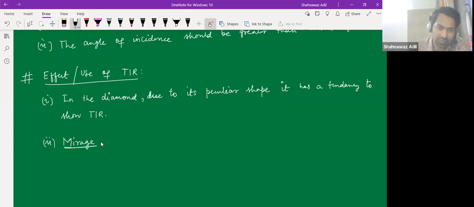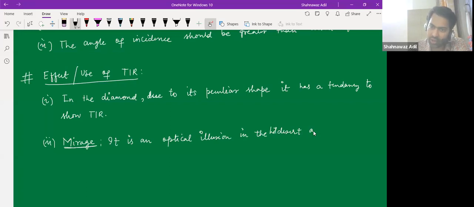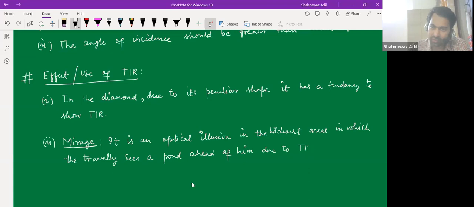So this mirage is an optical illusion in hot desert areas, in which the traveler sees a pond ahead of him due to TIR, right?